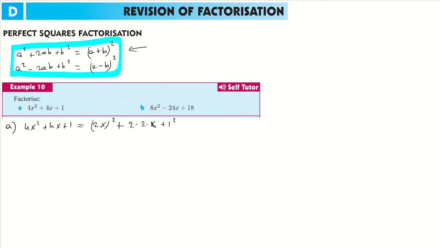The a is equal to 2x, the b is equal to 1. And that becomes 2x plus 1 to the power of 2. I use this step to make it easier, but if you see straight away that in 4x squared plus 4x plus 1, the a is equal to 2x and the b is equal to 1, you can go straight away to the answer.